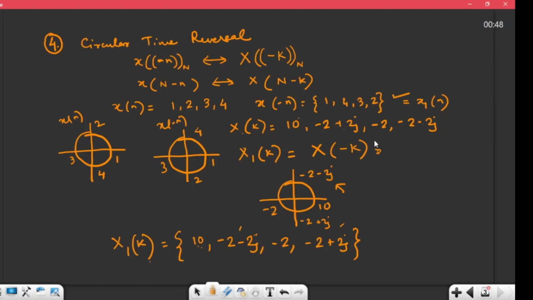This is true for capital N equal to 4. When the number of points on the circle is 4, this is always true. So you can quickly do in the exam: change the second and the fourth position of the sequence to write the anti-clockwise version of the positive sequence, and a clockwise version of the positive sequence.